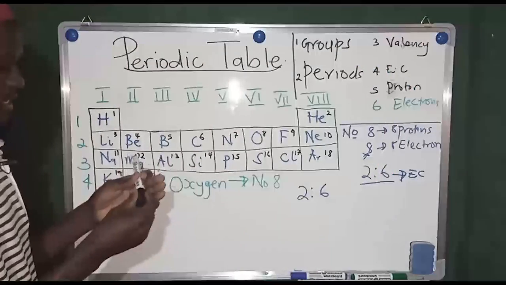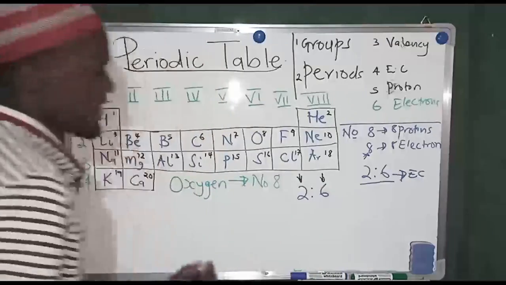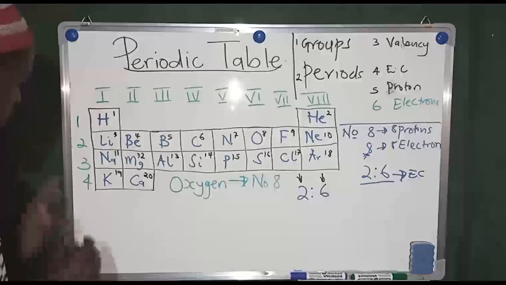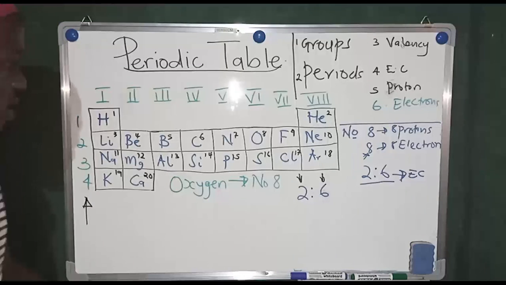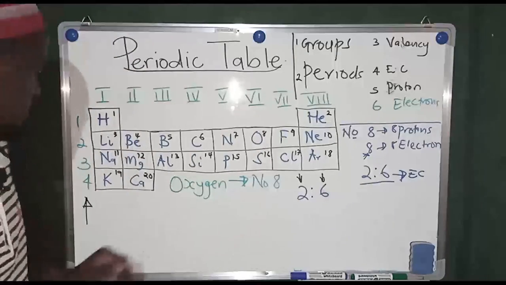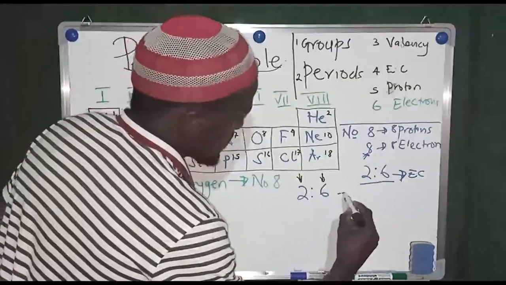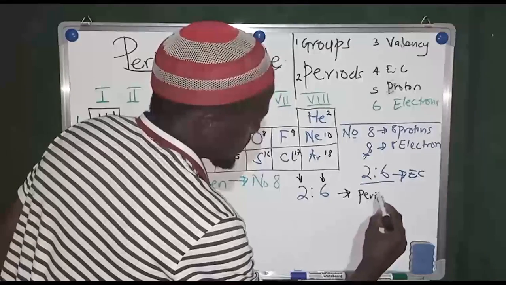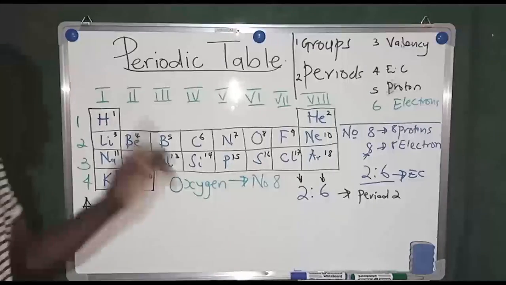Now, these numbers, the first number and the second number, if you have the third, if you have the fourth, they will always show you the period. Since you're having 1, 2, it means that this is in period 2. So the period of this element is period 2.